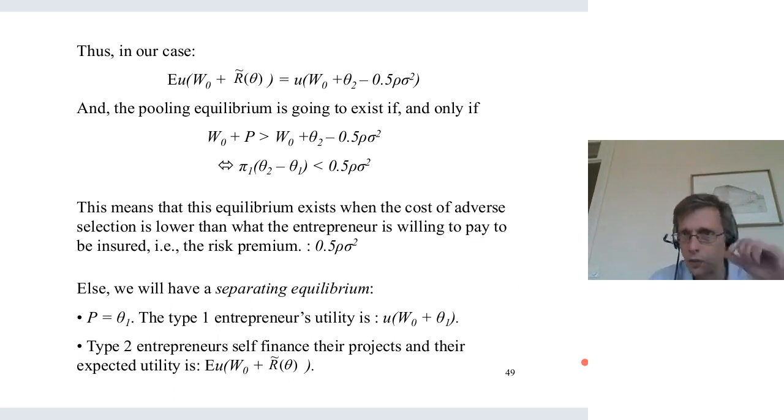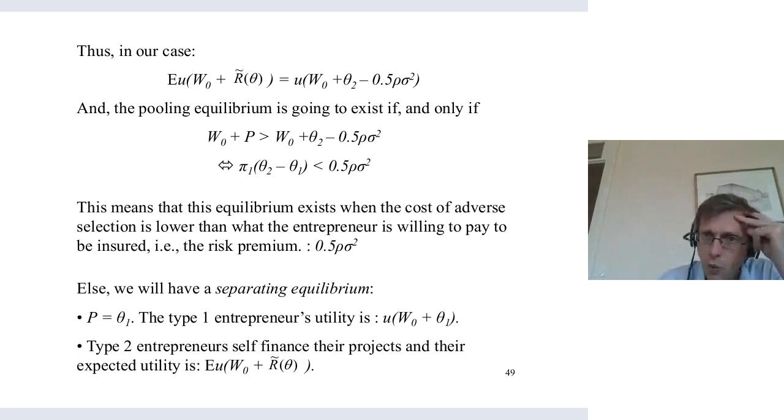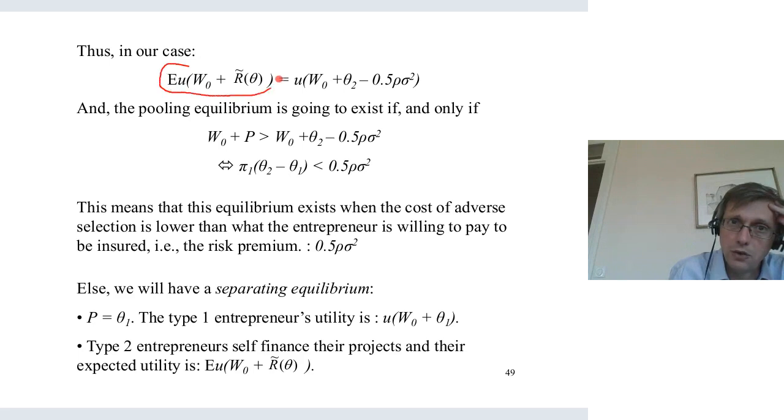So now we are able to understand whether a type 2 entrepreneur is going to accept the price P or refuse, because we are going to use the certainty equivalent. In other words, this is the expected utility of a type 2 entrepreneur if he or she refuses the price P. So what we do here is just compute the certainty equivalent of this amount.